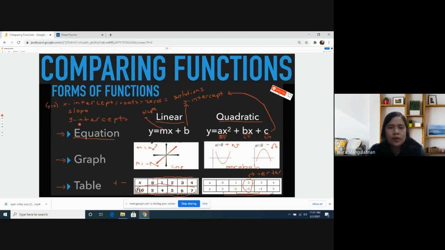And we have also another term, the vertex. So you need to know how to find and what are these key terms for you to easily answer the questions on the topic that we have for this week. Is there any more questions? Okay, so next, let's proceed on the next presentation.